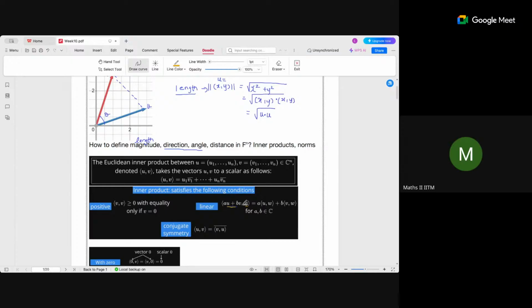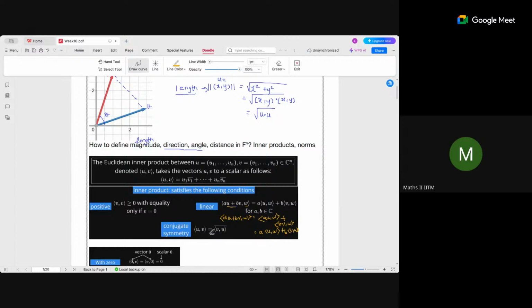It means that if you have au plus bv, then you can first split them: the inner product of au plus bv comma w is equal to the inner product of au comma w plus the inner product of bv comma w, and then you can bring out the scalars: a times the inner product of u comma w plus b times the inner product of v comma w. So this property is called linearity in the first argument.